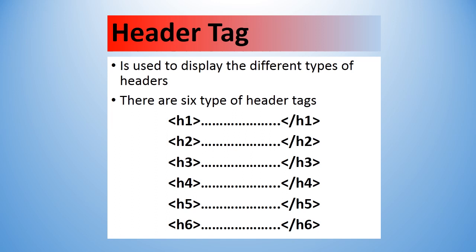As you go down to h2, h3, the size of the heading will keep decreasing. To learn this properly, we will prepare a web page named header.html, in which we will use all these 6 tags and see the output.